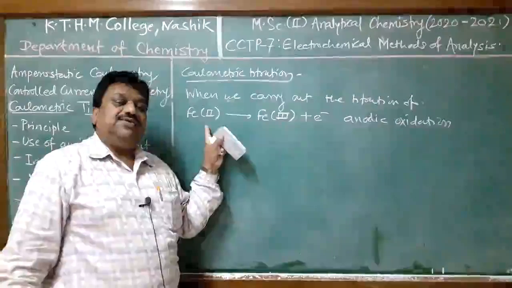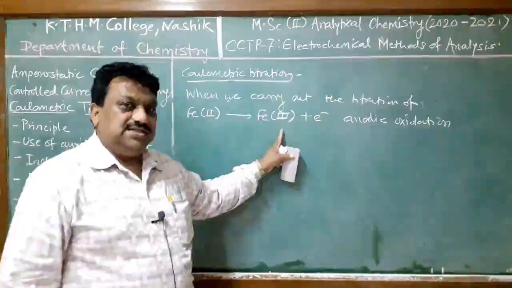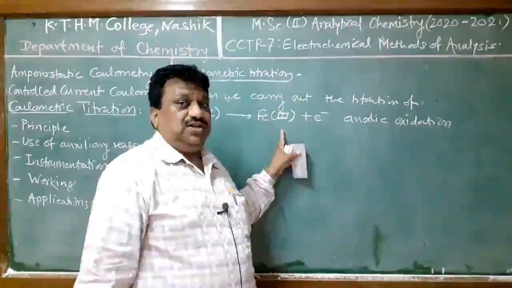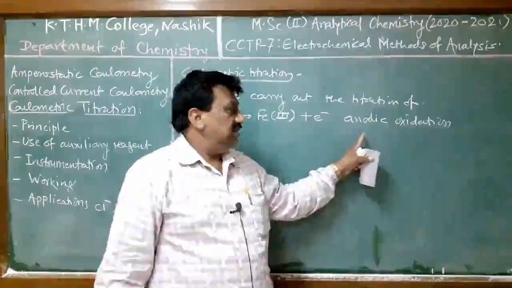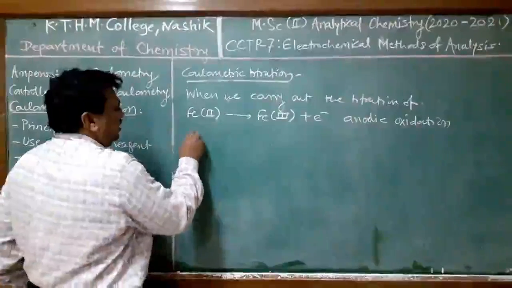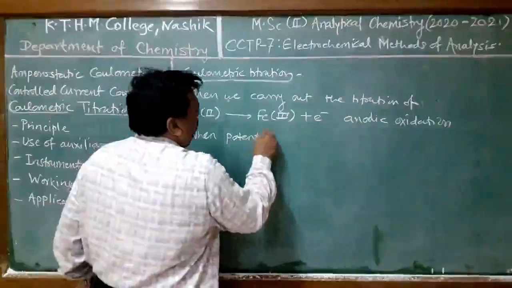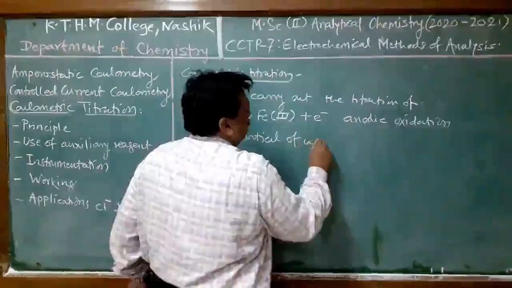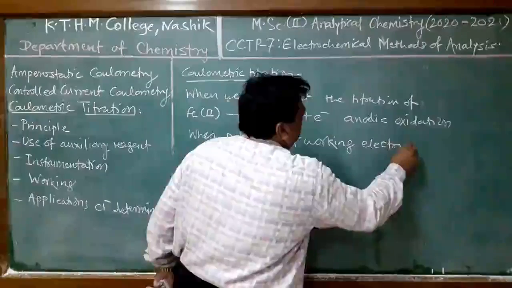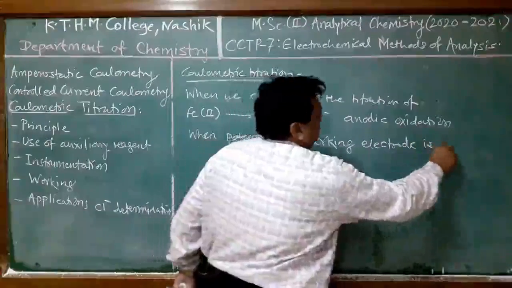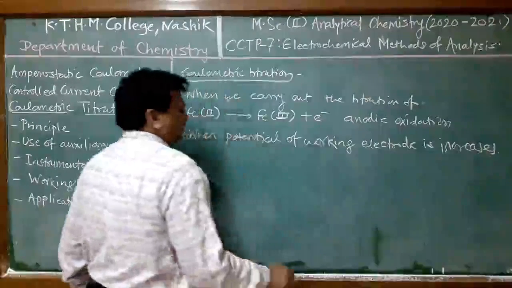But as Fe2+ ions decrease, there is a requirement of excess potential to maintain the electrode at the constant current. And when the potential of the working electrode is increased, what happens?